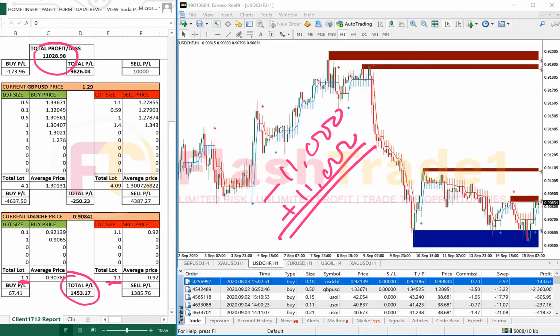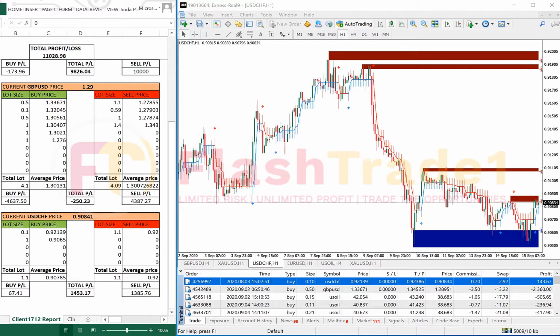You can keep following this resistance band and the buy and sell signals. If it is near the resistance level, you can trade with more lots. As you can see here, these are the two resistance bands and the two sell signals are already generated. You can easily take entries from this point, and there are enough gains.